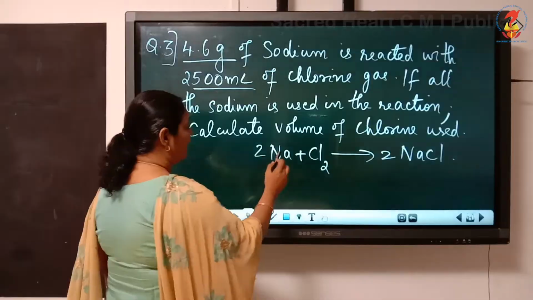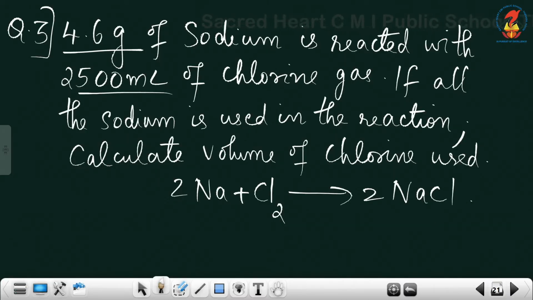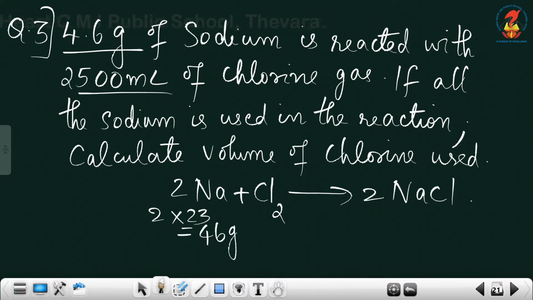So, sodium atomic mass is 23. We have 2 atoms of sodium. So, 2 into 23 which is equal to 46 gram of sodium will react with. Now, here we have 1 mole of chlorine gas, 1 mole because the stoichiometric coefficient here is 1. And we know that 1 mole of any gas occupies 22.4 liters.